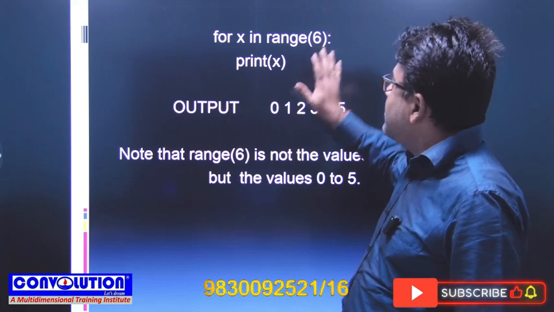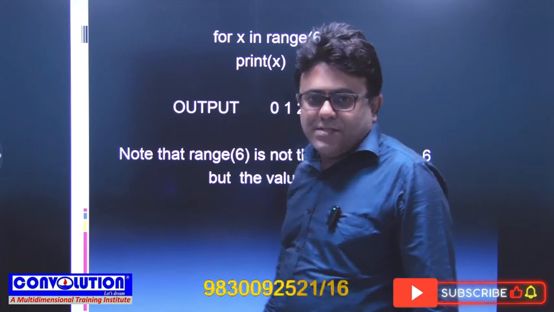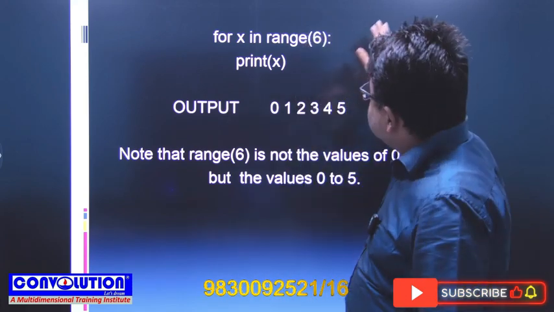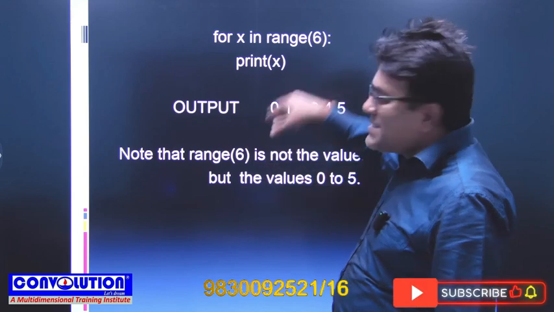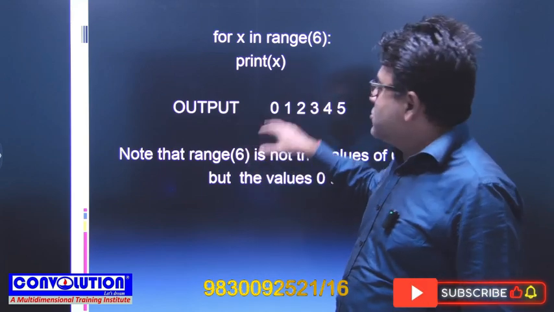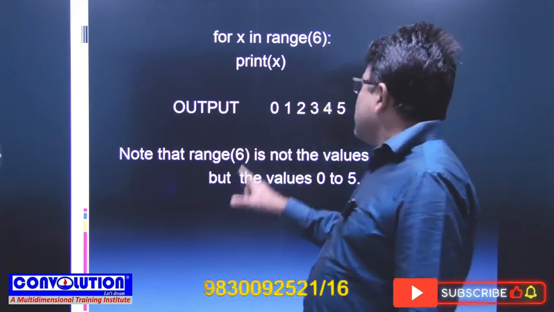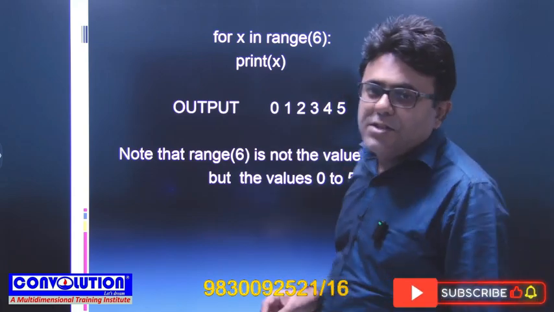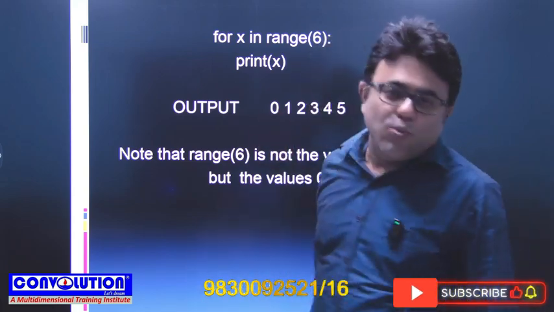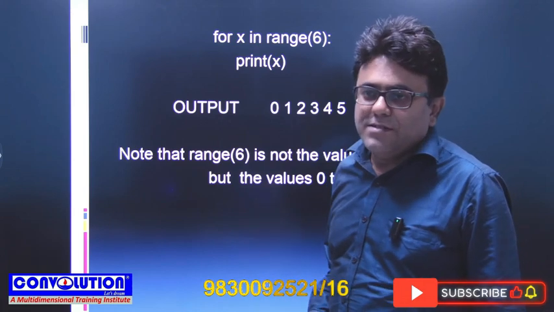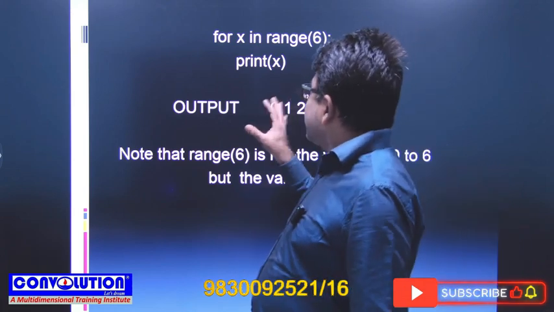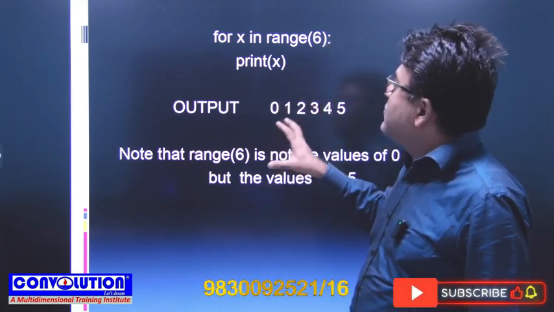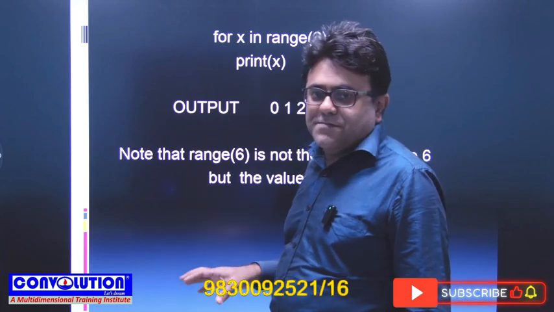The number which you mention in the range function is not included; it continues up to one less than that number. So if I say 6, my output will be like this, because the range function by default starts from 0. Keep this in your mind. This is a very important significance of the range function.